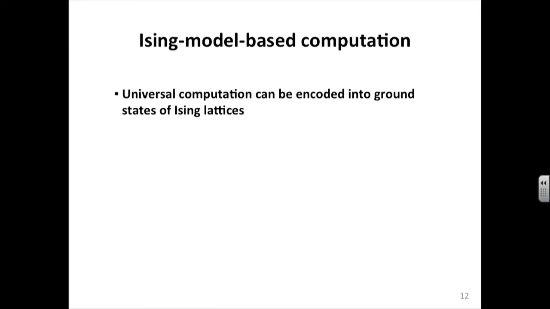We have shown that Ising model-based simulations can be used for block copolymer pattern prediction and block copolymer lithography. Another interesting application for the Ising model is Ising model-based computation. It is known that universal computation can be encoded into ground states of Ising lattices by designing specific Hamiltonians.